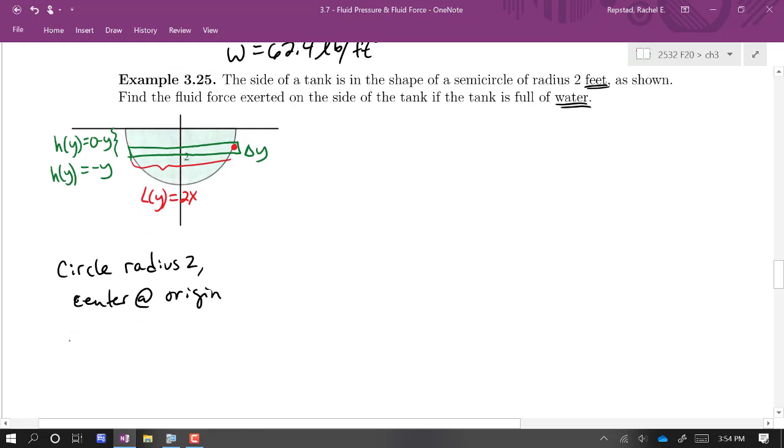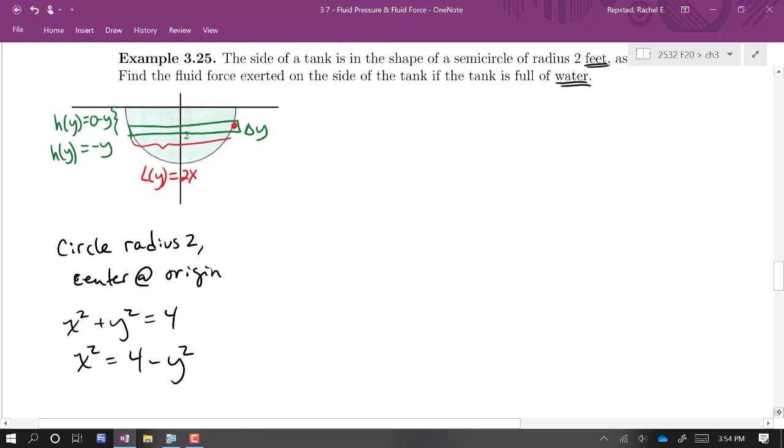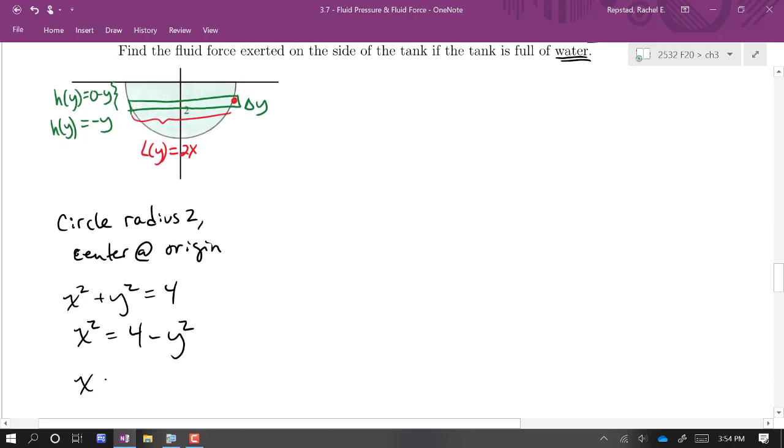And such a circle has an equation x squared plus y squared equals 2 squared, or 4. So x squared is 4 minus y squared. And the x-coordinate, at least the positive x-coordinate, is the positive square root of 4 minus y squared. And so L of y is just double that.